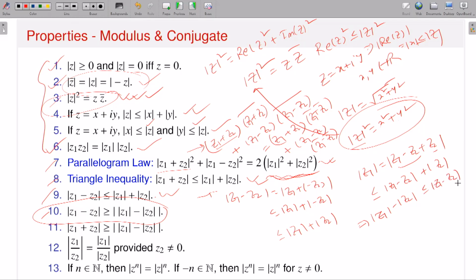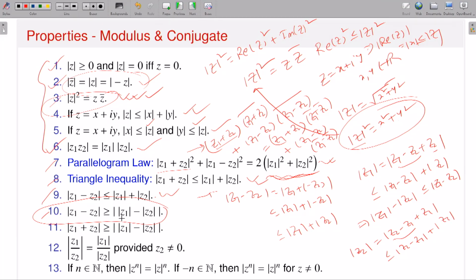Okay, this is one. Now do the same process replacing z1 by z2, that's it. So now you start with z2. What is that? This is z2 minus z1 plus z1. Now think about, this is one complex number, this is another complex number. Again use the triangle inequality. This is mod of z2 minus z1 plus mod z1, right?